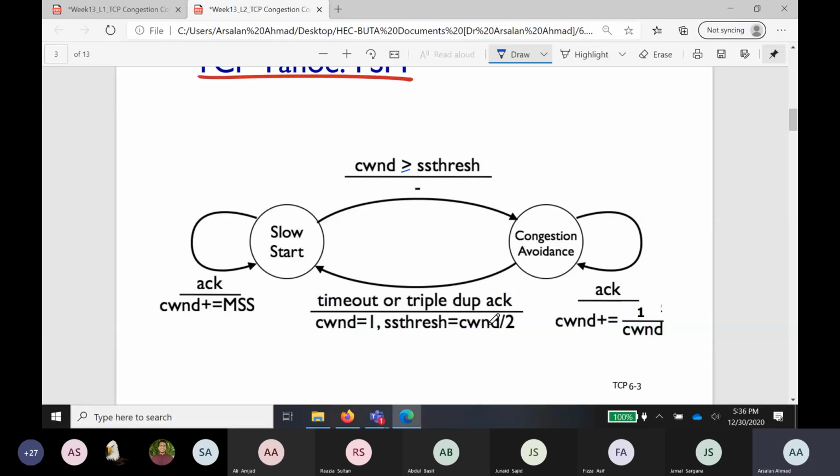So whatever the cwnd value was when the loss was detected, this value divided by 2 is the new slow start threshold value, and we will leave the congestion avoidance state and move to the slow start state once again.